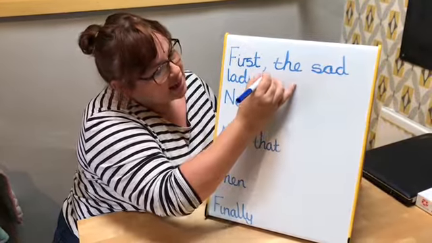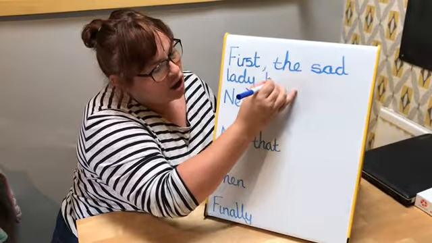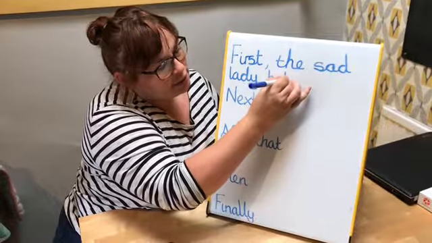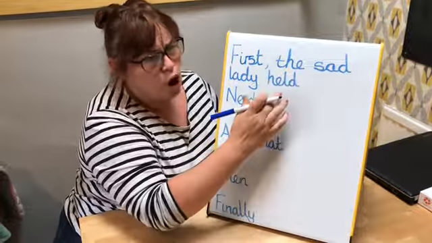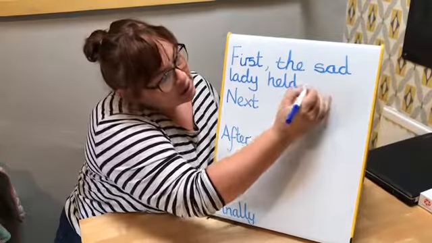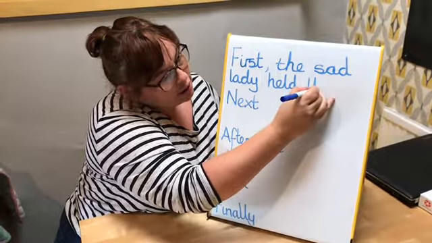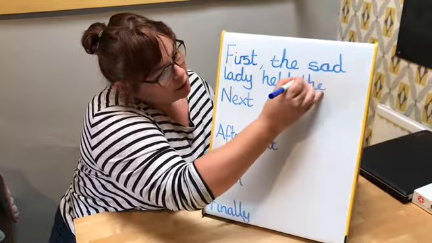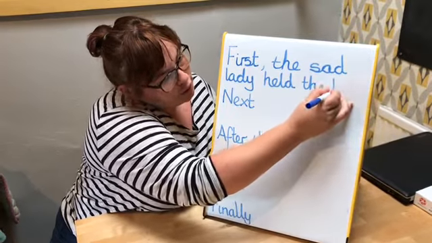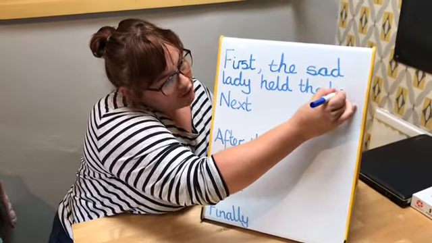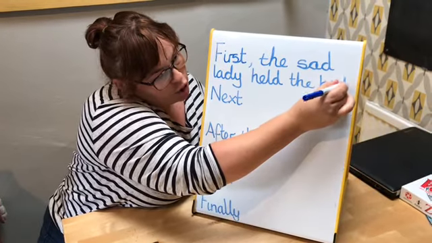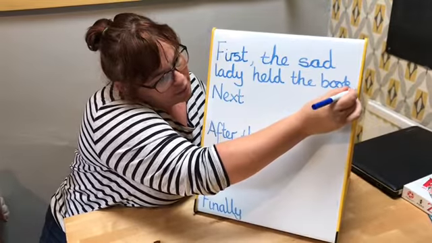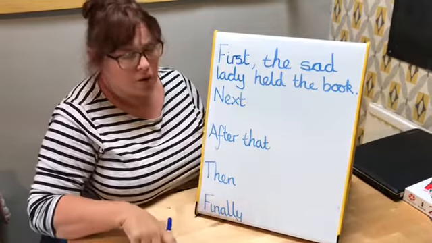The sad lady held, that irregular verb, not holded, held, the book. That's that but we know it's with the O. And I can pop a full stop on the end.